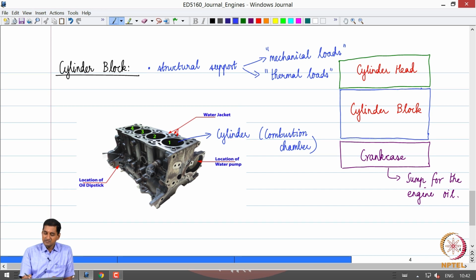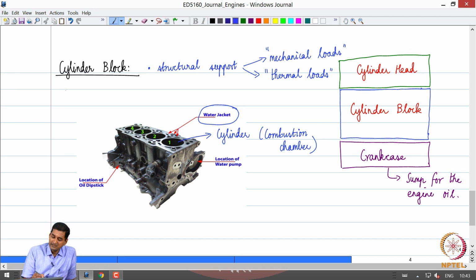And you can also see a lot of these water jackets, or the coolant jackets. These are the pathways through which water or engine coolant is pumped and circulated to cool down the engine by convection, because we do not want the temperatures to increase beyond a certain level. So there are water jackets or coolant jackets which we typically use.